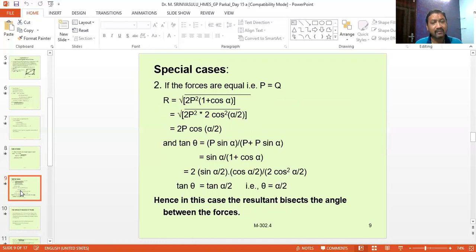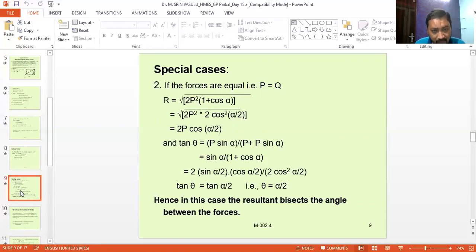So we know that R is equal to the square root of P square plus Q square plus 2PQ cos alpha. Here we have to substitute Q is equal to P, because Q and P are the same. So wherever Q is there, we substitute P.